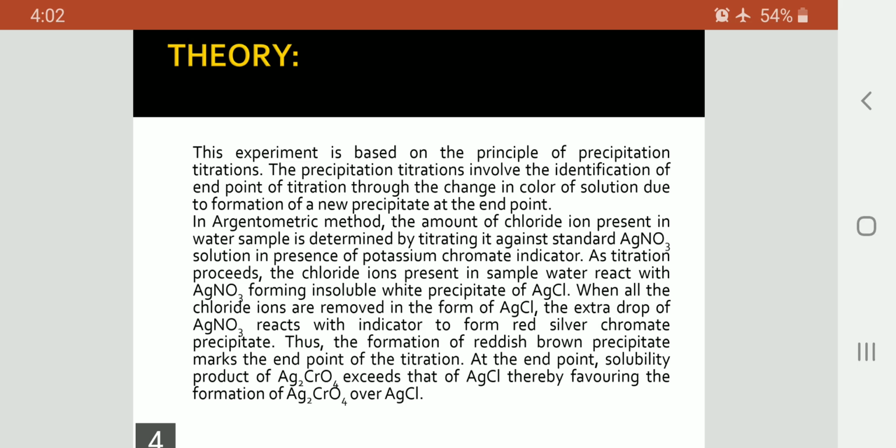In general, in Argentometric titration, we take the chloride ions which are present in the water sample and titrate them against the standard silver nitrate solution in the presence of the indicator, that is potassium chromate. As the titration proceeds, the chloride ions present in the sample water react with silver nitrate and form a precipitate of silver chloride.